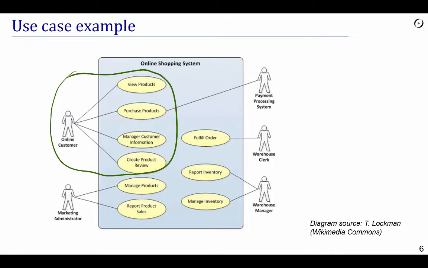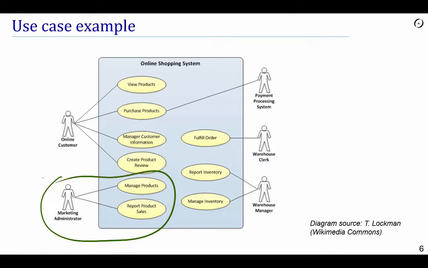View the products, then purchase the products, then manage the customer information, and then create a product review. And another use case involves another human user, marketing administrator, and you also have use cases that involve other actors on the right.